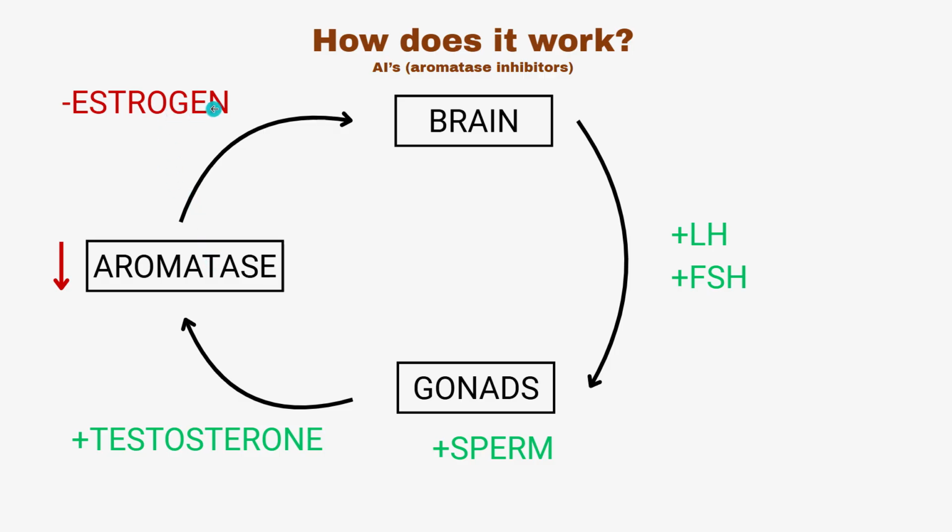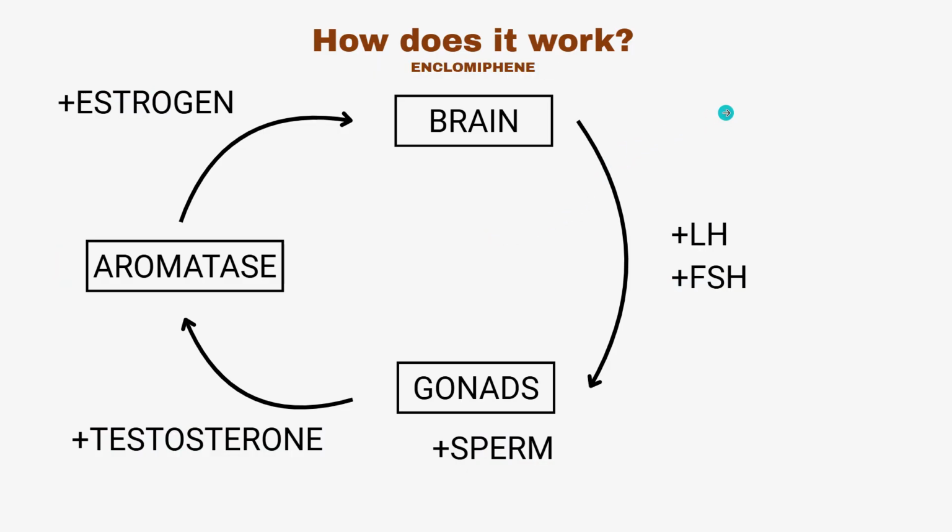Since you have a negative feedback loop that wants to maintain homeostasis in your body, your brain pretty much just reads your estrogen drop. And as a response, it's going to increase luteinizing hormone and follicle stimulating hormone, which is going to increase sperm production and increase testosterone. And that's pretty much your body's response to fighting low estrogen.